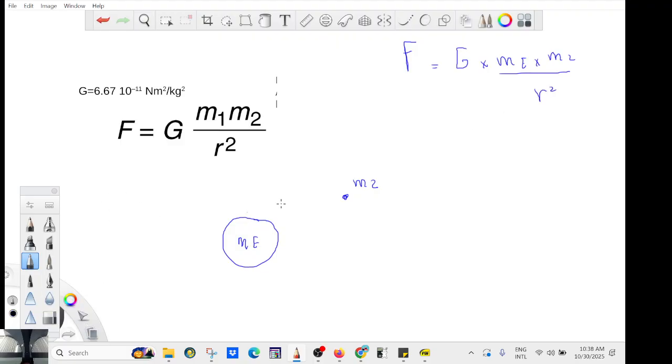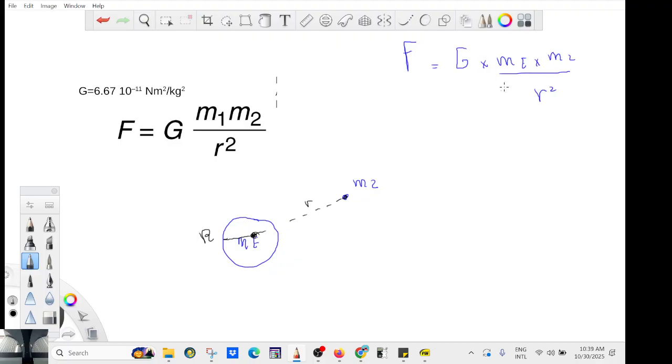And that distance will be between here and the center of the Earth, right? So that will be the distance r. And the Earth has a radius r. Okay, so that will be the distance. We always take the distance from the center of the Earth. Okay, because everything happens like all the mass was concentrated here at the center.